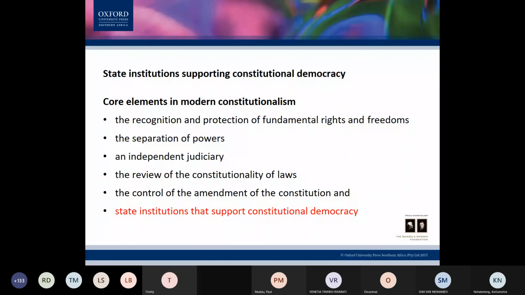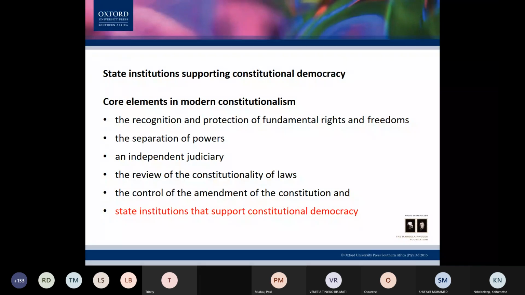What you need to know is that in modern constitutional formations, these institutions form part of the key elements of modern constitutionalism. It is the last one in most constitutions that people actually concentrate on. I have listed some of those elements: the recognition and protection of fundamental rights and freedoms, the separation of powers, an independent judiciary, the review of the constitutionality of laws, the control of the amendment of the Constitution, and lastly, state institutions that support constitutional democracy.